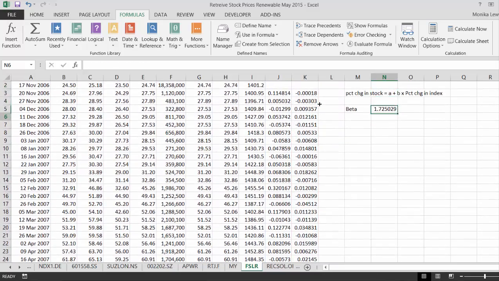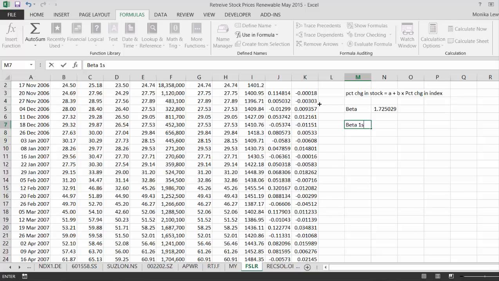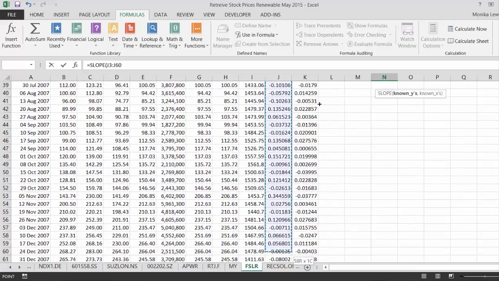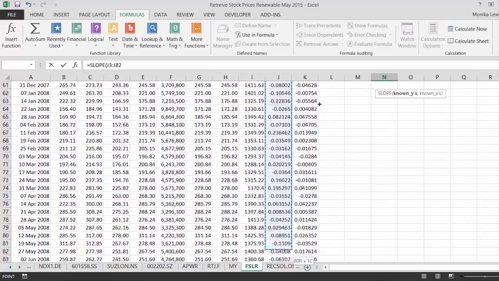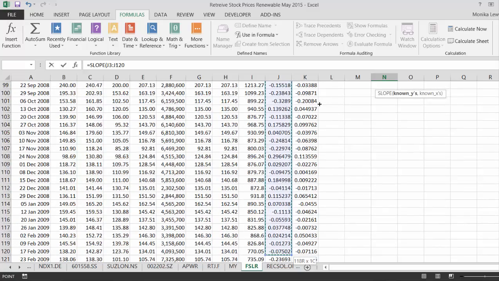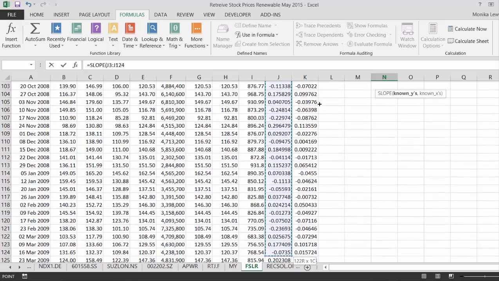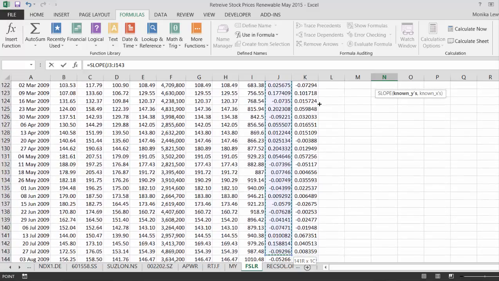So that's our 1.75, and we put beta first part of the series equals slope, and let's just go down to, I don't know, to 2010.